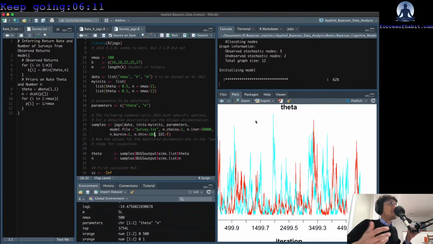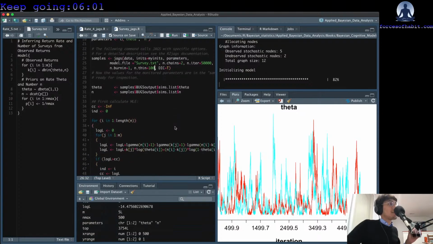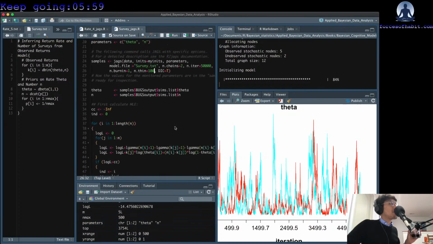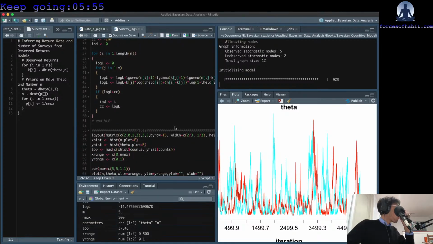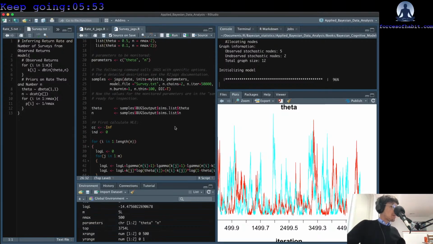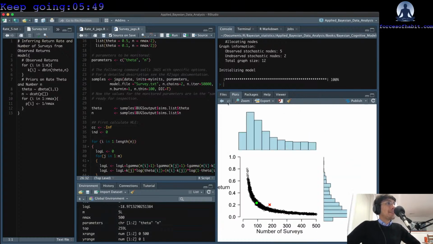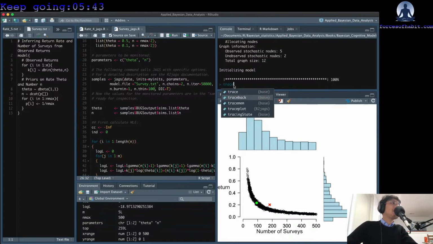Or just a random sample from the prior distribution, or a random sample of it's a random sample of the marginal likelihood, right? I think. Let's take a look at the trace plots.